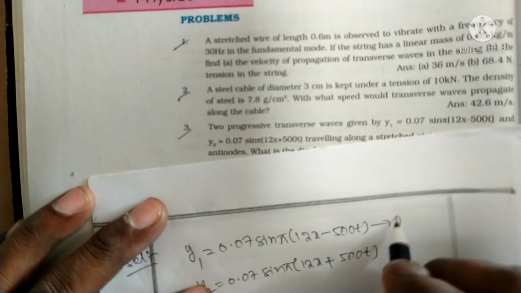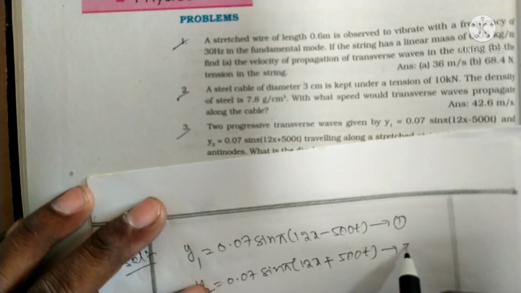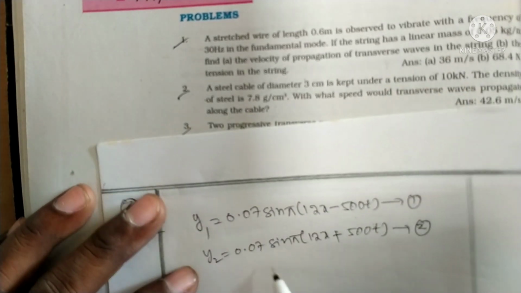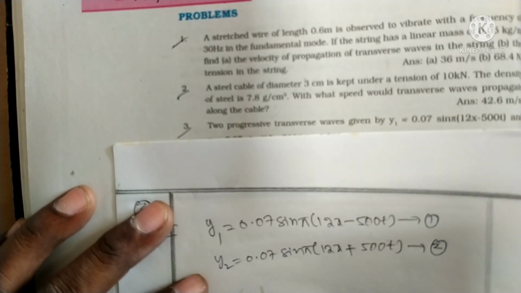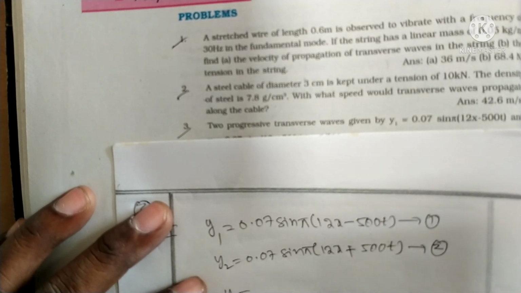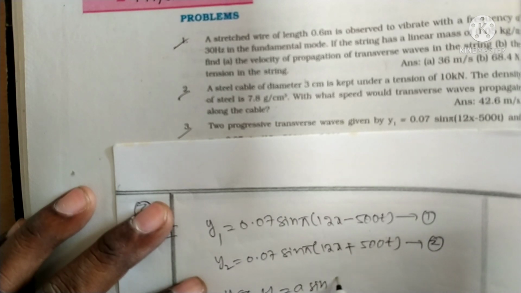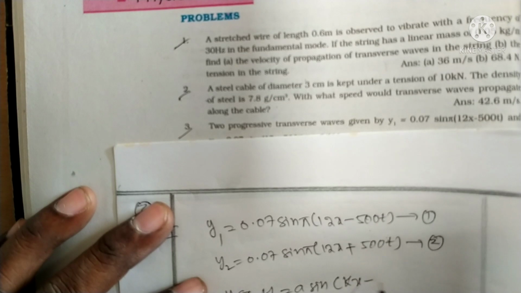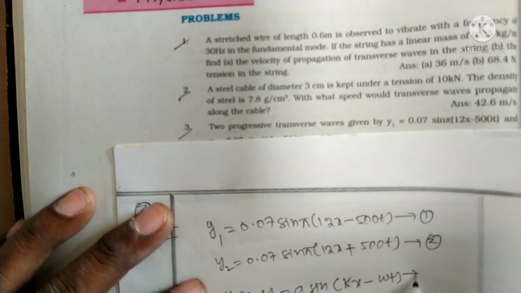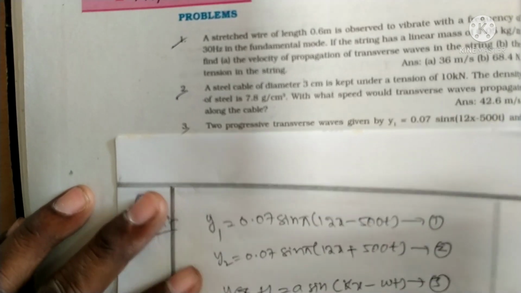That is equation number 1 and equation number 2. These equations can be compared with the displacement equation of a progressive wave, y of x comma t is equal to a sin(kx minus omega t). This is equation number 3.